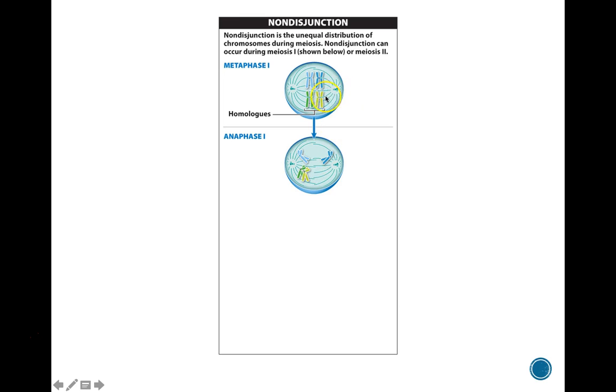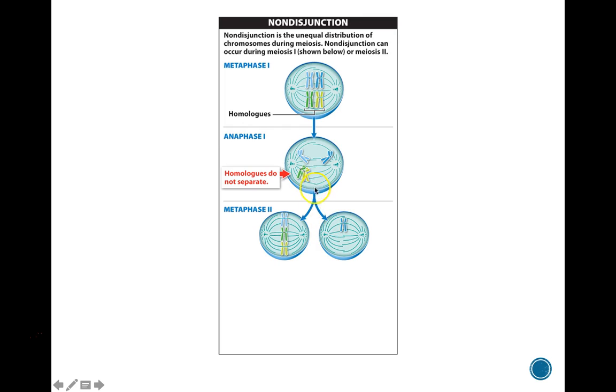Now, this often occurs because that spindle attachment is not actually correct. Either it never attaches or it doesn't attach correctly. And so because these are held together by their chiasmata, all 4 of those pieces of DNA are pulled that way. So both chromosomes go towards one side of the cell, as opposed to each chromosome being separated.